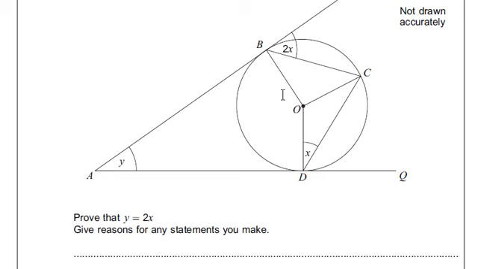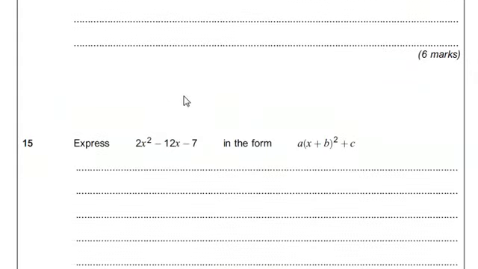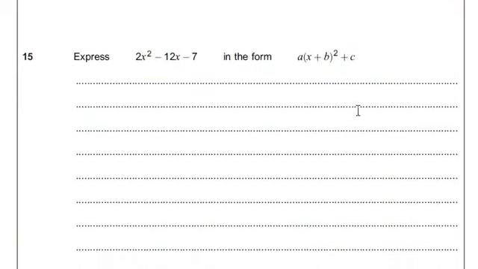So this will be 180 minus 2x, and y is 180 minus 180 plus 2x, which is 2x. So that is this question just illustrated with my mouth. If you don't understand it, I apologize, because I can't do anything about it. I hate PDF files. Phew, didn't skip a question. That is a 6-mark question, can you believe it?